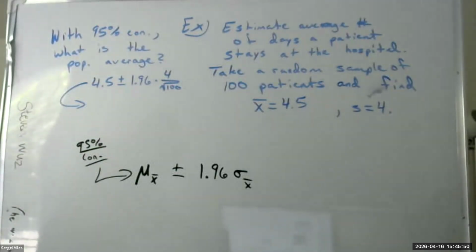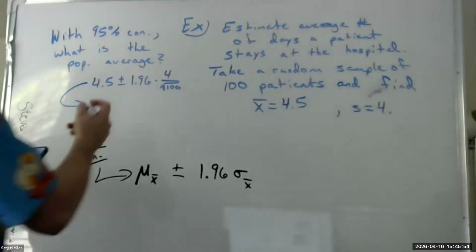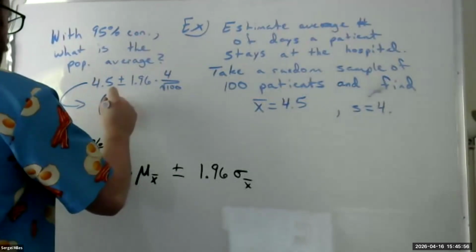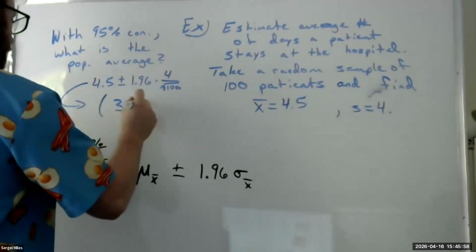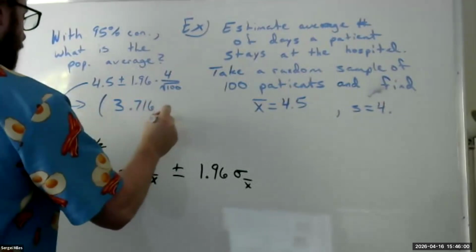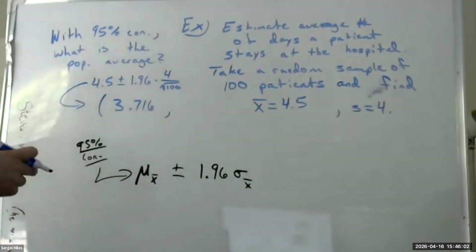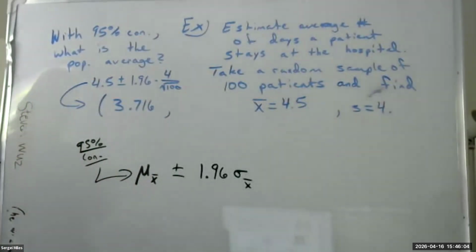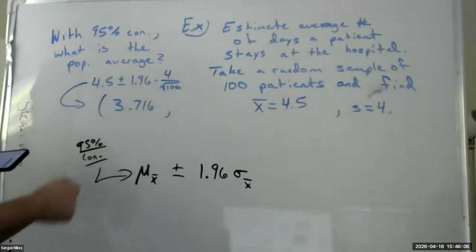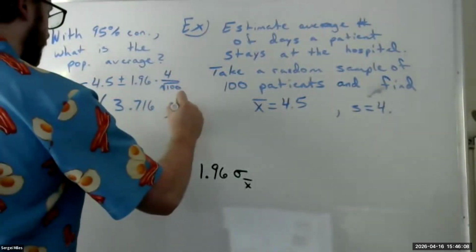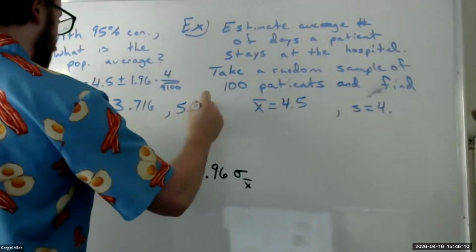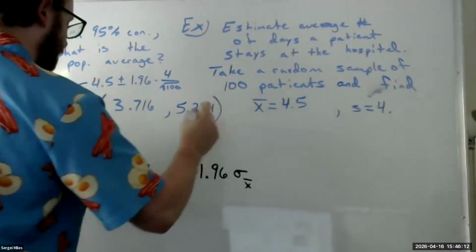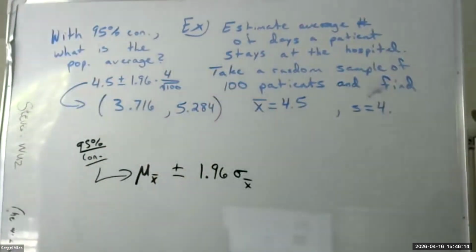And we get an answer here of 3.716 for a lower bound, up to an upper bound of, if I add 1.96 instead, then I get 5.284.